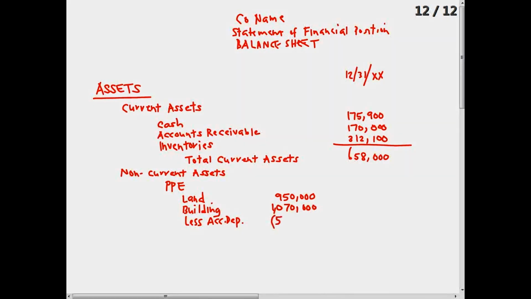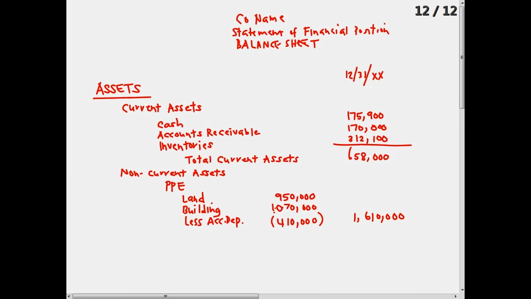And what's my accumulated depreciation? Okay. So what is my total PP&E? Okay. Everyone agrees so far? Anyone uncomfortable with any of these numbers? Why they're here, where they belong?